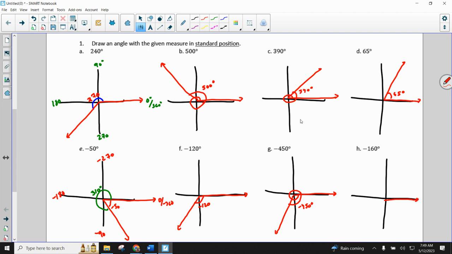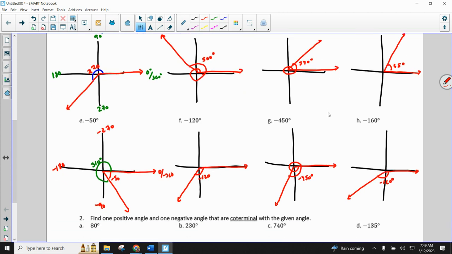Negative 160, go counterclockwise 90, not quite to 180, and there we are. All right, so that's drawing something in standard position.